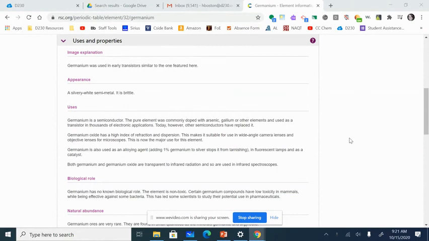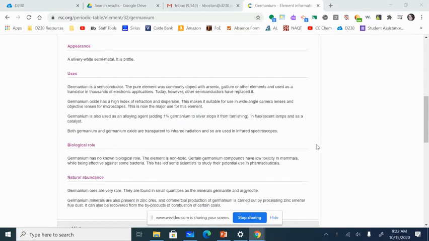It's used in alloys that make it so silver does not tarnish. It makes it a little bit harder. It says their oxides are transparent to infrared radiation, so they're used in infrared spectroscopes.